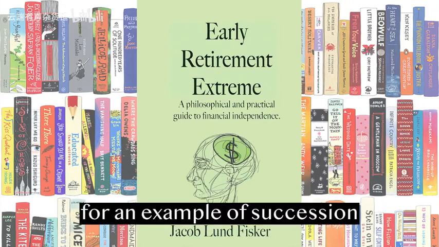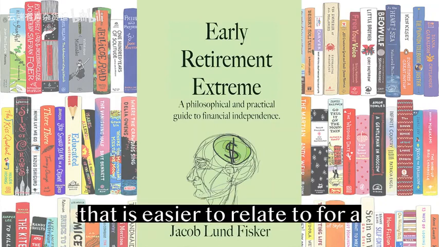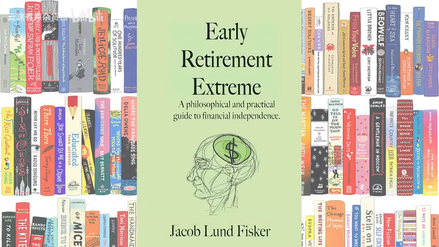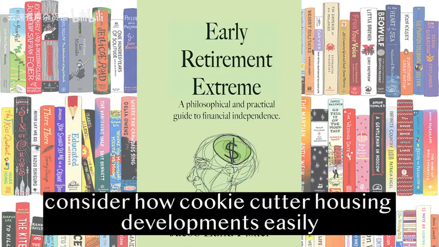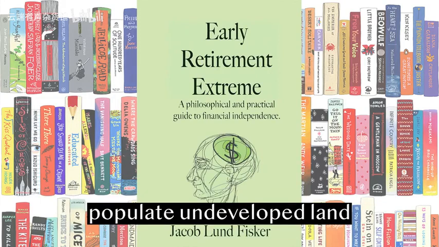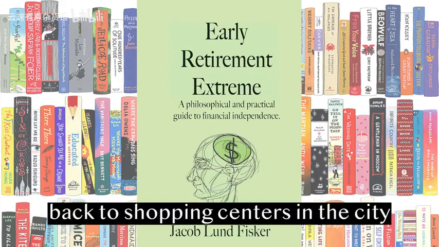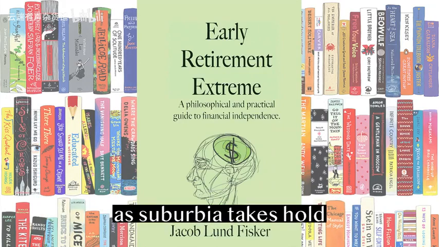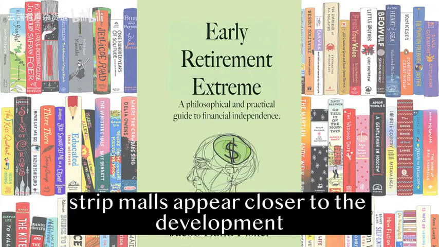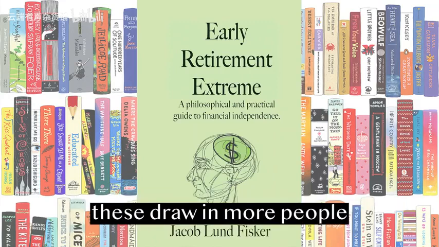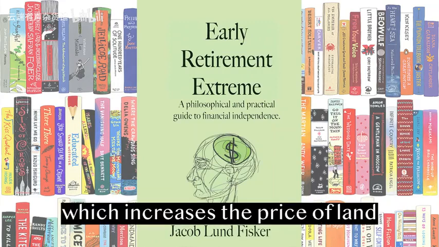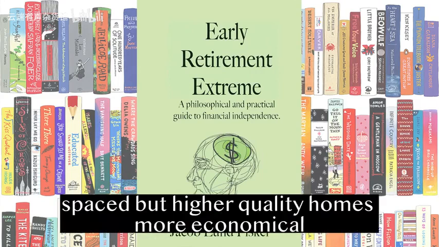For an example of succession that is easier to relate to for a civilized person, consider how cookie-cutter housing developments easily populate undeveloped land, like weed seeds. These dwellings are unable to survive without cars forming long routes back to shopping centers in the city. As suburbia takes hold, strip malls appear closer to the development. These draw in more people, which increases the price of land and makes closer-spaced but higher-quality homes more economical.